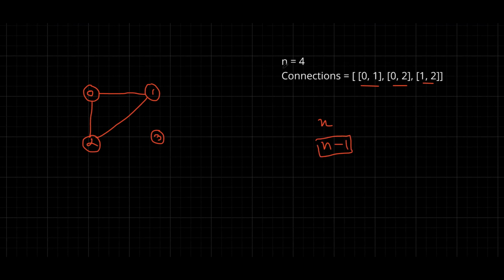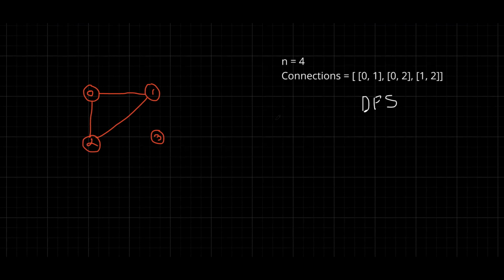So here there are 4 nodes and 3 connections are given. So this is okay. We can make the graph connected. But now the question is, how can we basically solve this problem? We can solve this problem by using the depth first search algorithm.